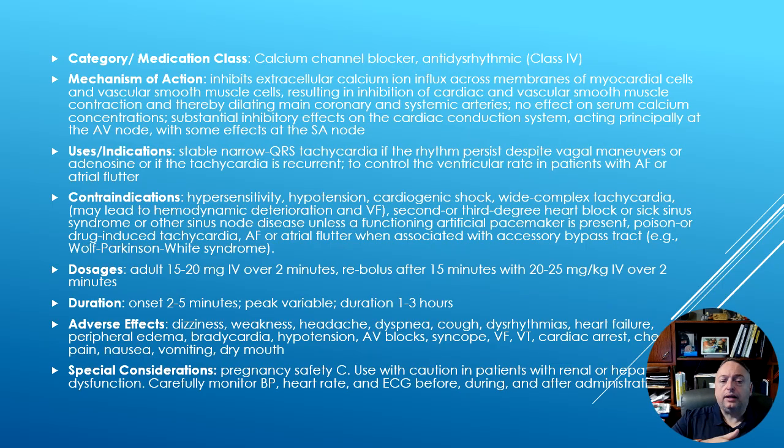So then we need to think about a calcium channel blocker like diltiazem, and some agencies will not carry diltiazem. The one drawback to diltiazem is it has to be refrigerated. So some agencies won't carry it. They'll carry verapamil instead. But diltiazem is a much more effective medication for a calcium channel blocker than verapamil is.